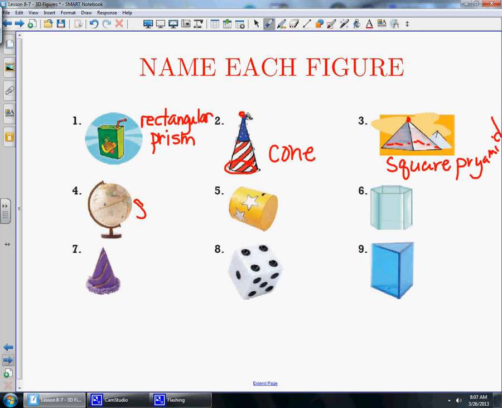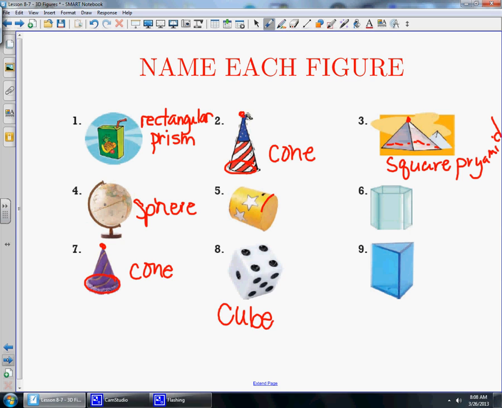This is a sphere. It's a globe. Number 7 here, again, circular base that comes to a point is called a cone. This is called a square prism, but the special name for a square prism is called a cube.